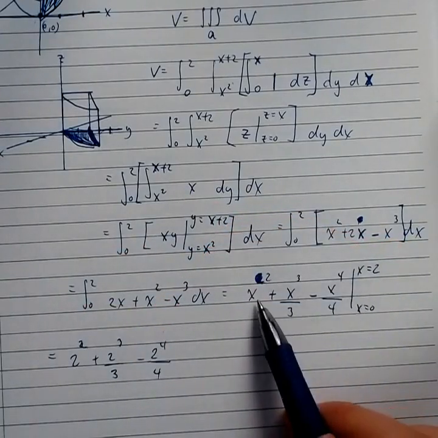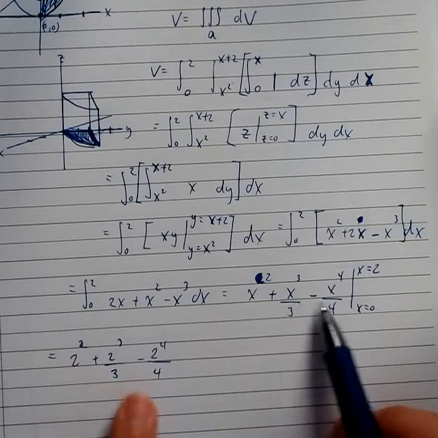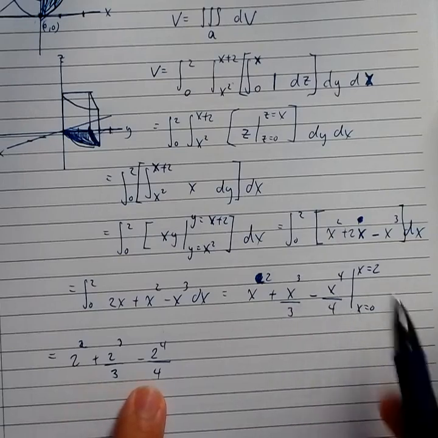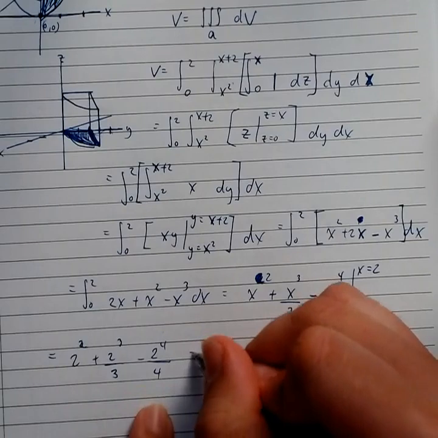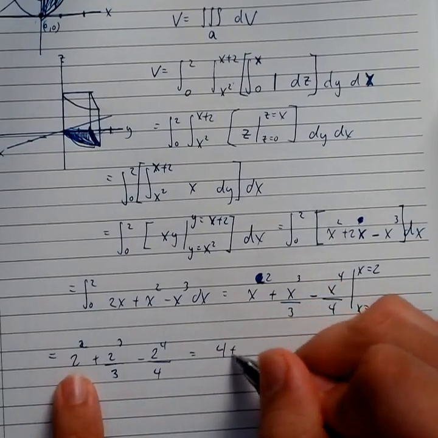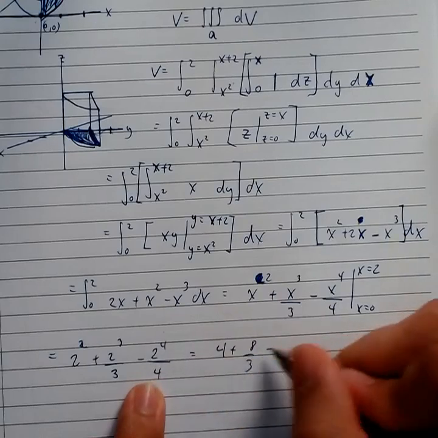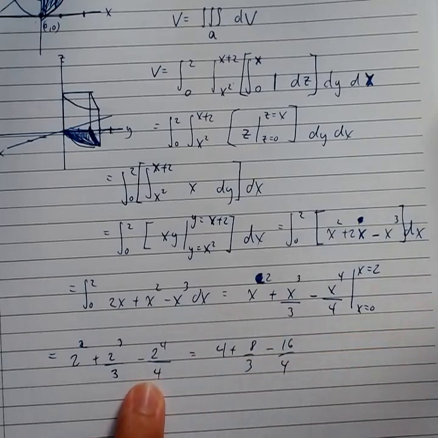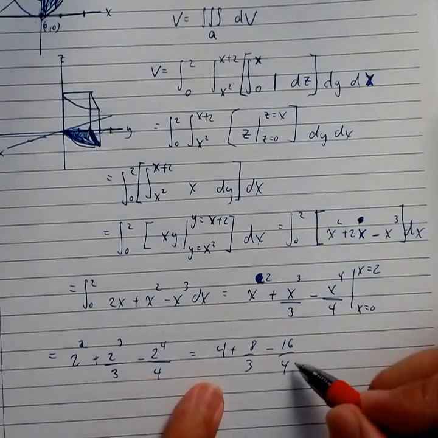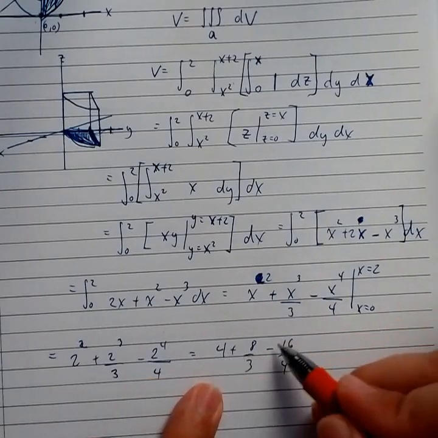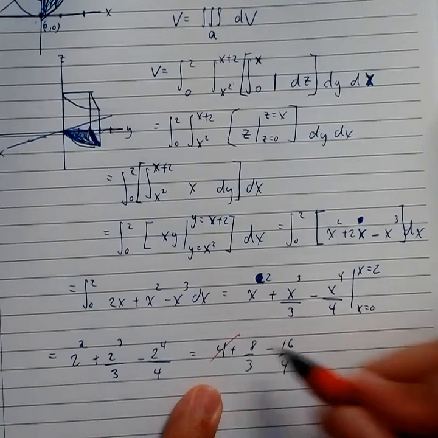Evaluating this at 2, at 2, and at 2. Evaluating at 0 gives you 0, so we don't worry about that one. So that's going to be 4 plus 8/3 minus 16 over 4. And you'll notice that 4 minus 4, well, that's just 0.